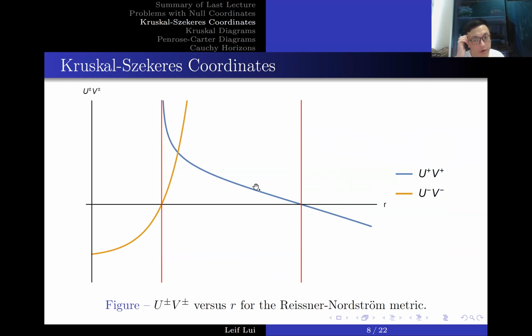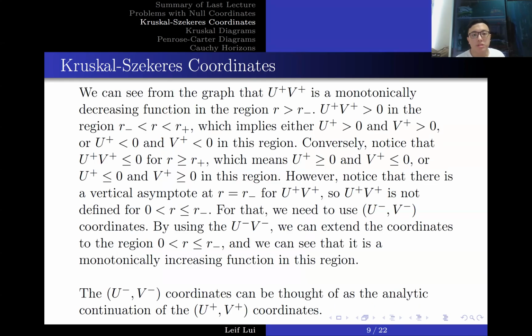The red lines represent the inner one, the one closer to the y-axis, r equals r minus, and this one is r equals r plus. So u plus multiplied by v plus is a monotonically decreasing function beyond r equals r minus. And we can see from the graph that, as I mentioned before, u plus and v plus is a monotonically decreasing function in the region r greater than r minus.